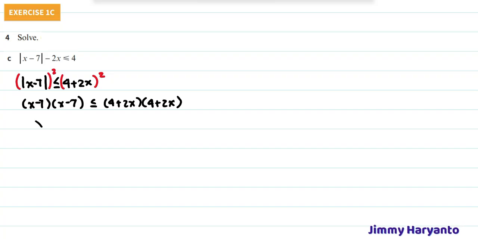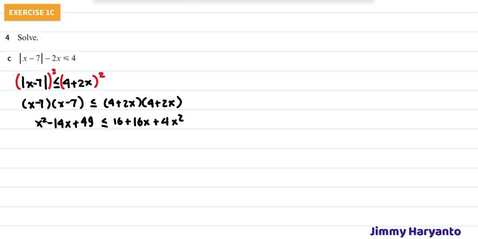So you have x squared minus 7x minus 7x, minus 14x. -7 times -7 is 49, less than or equal to 4 times 4 equals 16. 4 times 2x equals 8x, and then another 8x. We have 16x plus 2x times 2x equals 4x squared. And then you move them all to the left hand side.